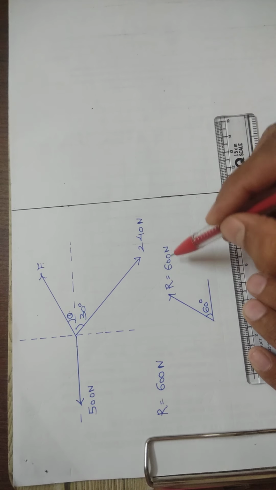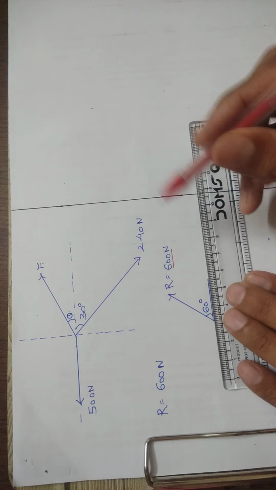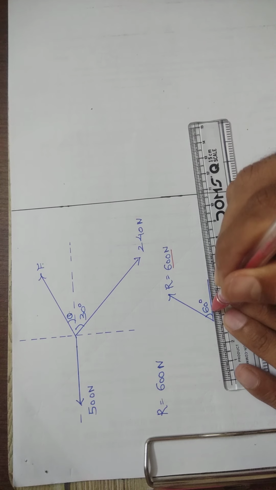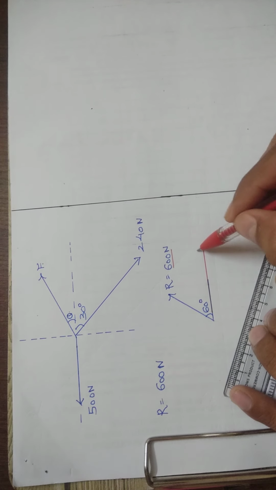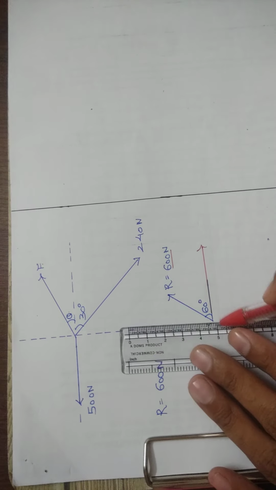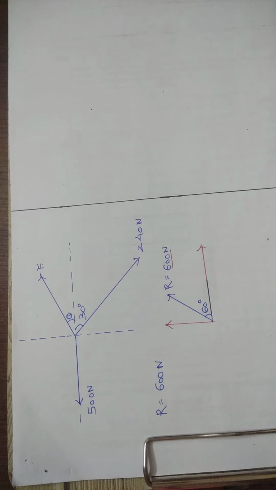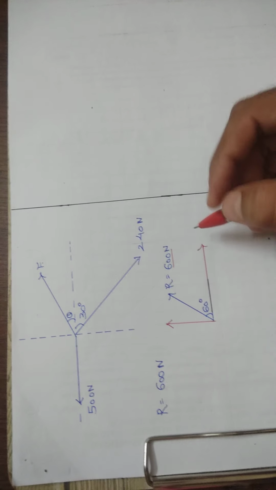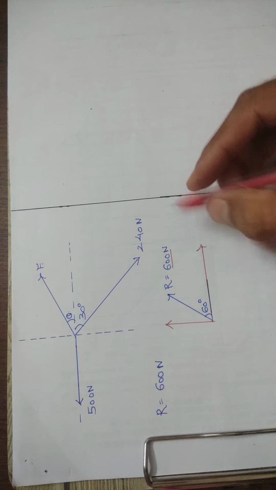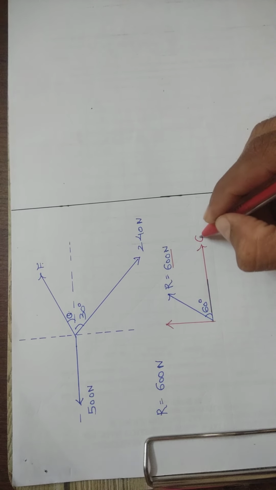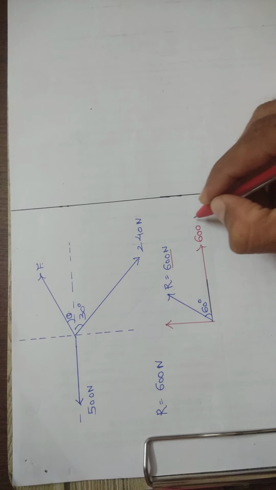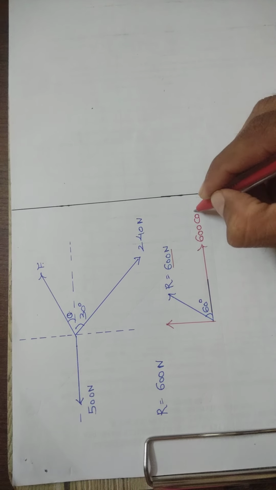This resultant is 600 Newton. So we will resolve this resultant along two components. The first component is the X component and the next component is the Y component. We are resolving this 600 Newton along X. It is making an angle of 60 degrees with the horizontal, so it will be 600 cos 60 degrees.